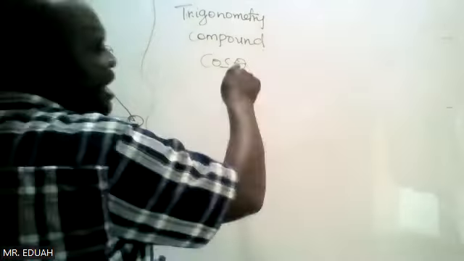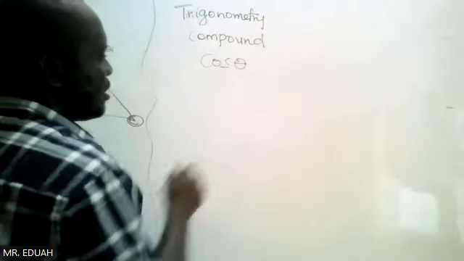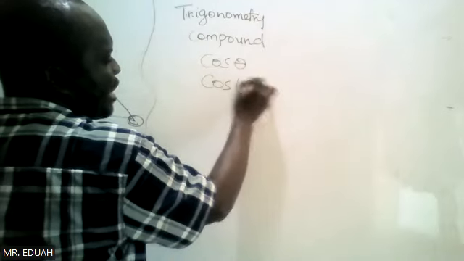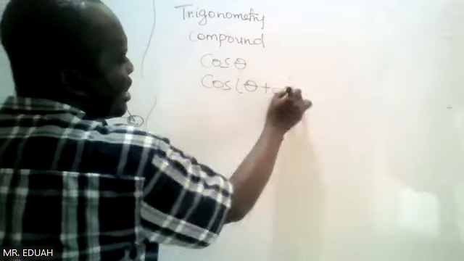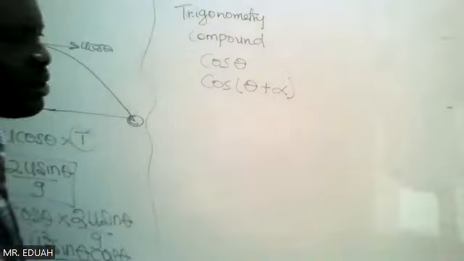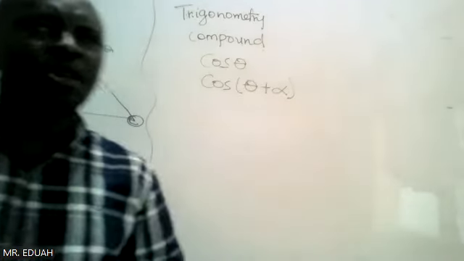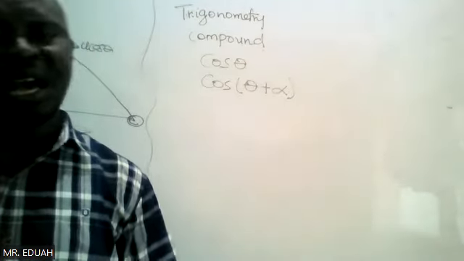If you have 2 different angles, maybe alpha and theta, so we have cos of theta plus alpha. Theta is a different angle, alpha is a different angle, and so this is a compound angle, compound because we have 2 different angles.